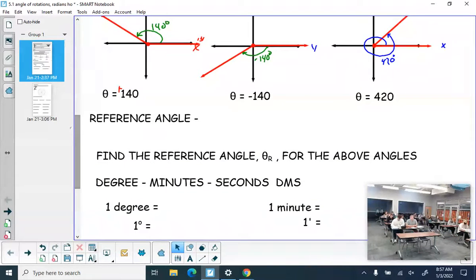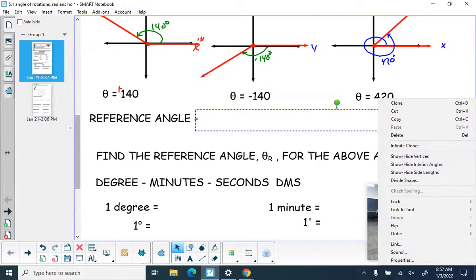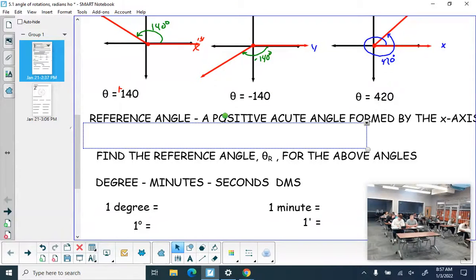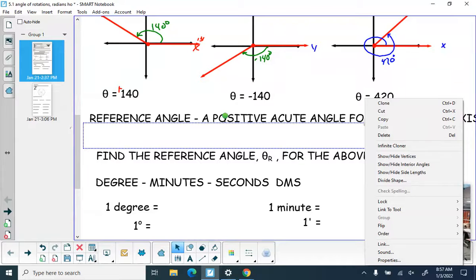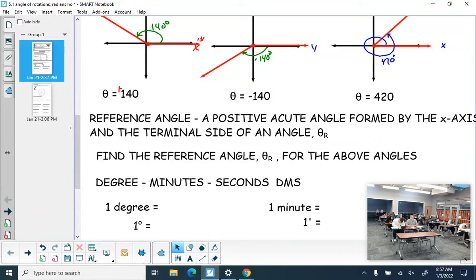Reference angle. It is a positive acute angle formed by the x-axis and the terminal side of an angle.